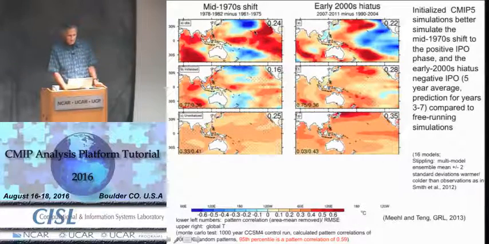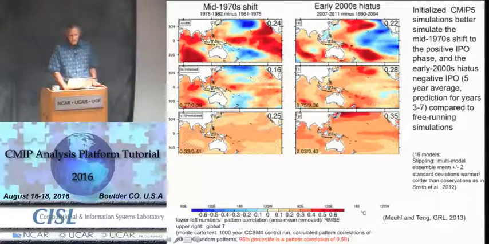The observations show this big positive phase of the IPO, these warmer than normal sea surface temperatures over this 5-year average. Here's the multi-model average, I think this is 16 models. You can see that the initialized models get this positive phase of the IPO, with opposite sign anomalies in the northwest and southwest Pacific. The uninitialized models show just warming everywhere, so they're not giving you this regional detail that you get from these initialized predictions.